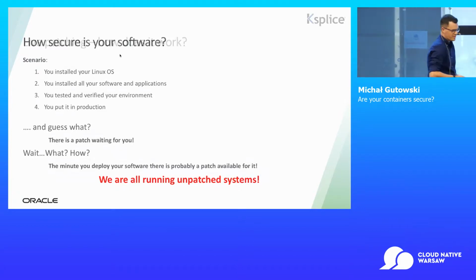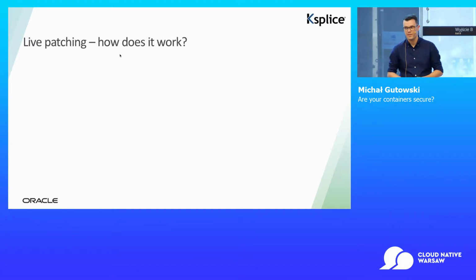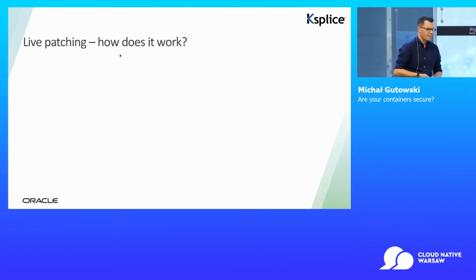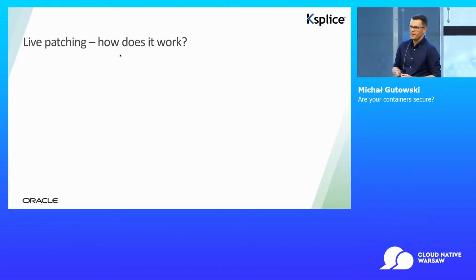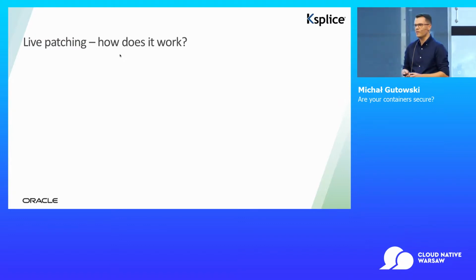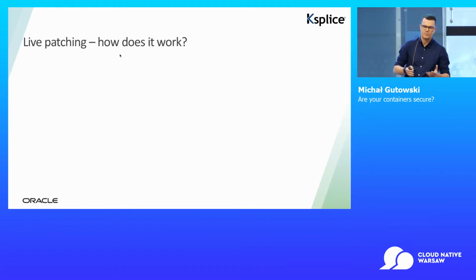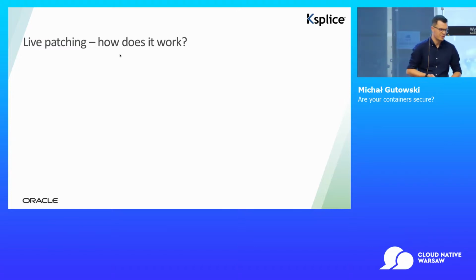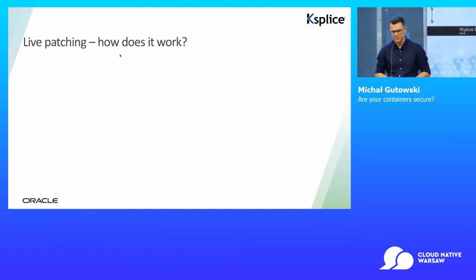We use something that is called live patching. Live patching is something that has existed for years. It's now included in the Linux kernel since version 4.1. SUSE has it, Oracle has it, Red Hat has it, but every solution differs from one another. I believe Oracle has the best solution for that.